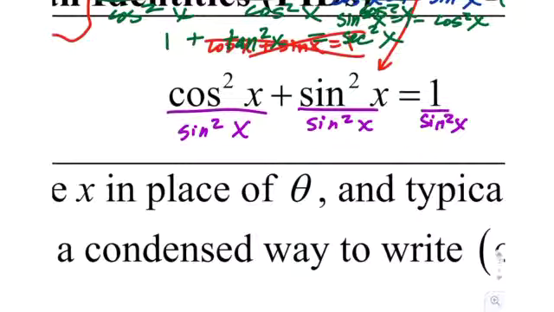What's cosine squared over sine squared? Cotangent squared. Good. Sine squared over sine squared is 1. And by the reciprocal identity, what's 1 over sine squared? Cosecant squared. And of course, if you commute the two terms in the front because they're both positive, you get 1 plus cotangent squared is cosecant squared. So that's baby PID number 2. He comes from dividing through by the other term.